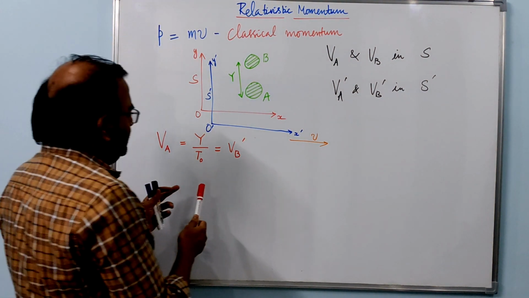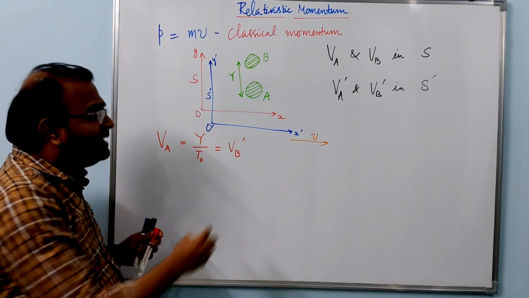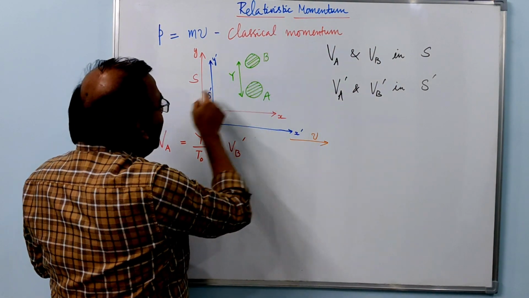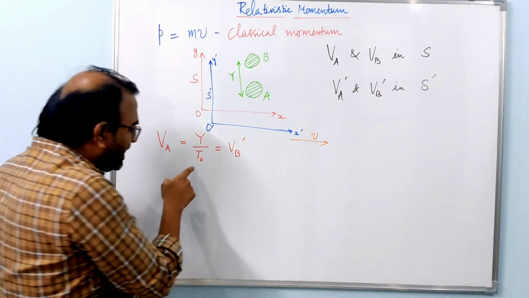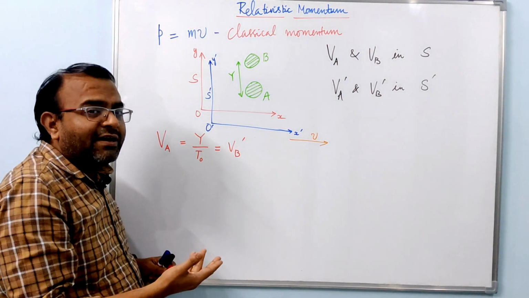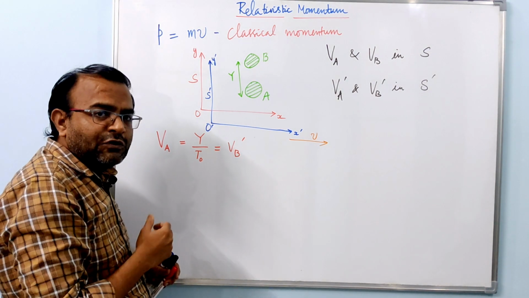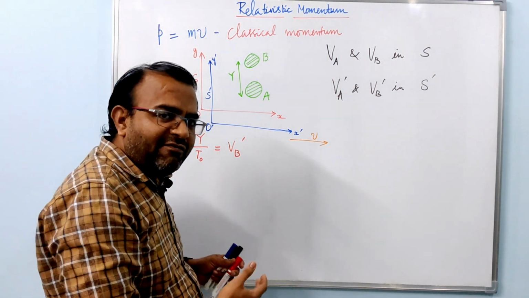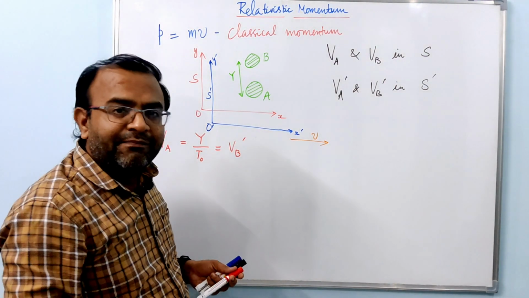Now what about the velocity VB, that is the velocity of the object B as measured in S? Obviously that is not going to involve T naught, because B is moving with respect to S. So it's in relative motion, and we know that therefore that time must be a dilated time.